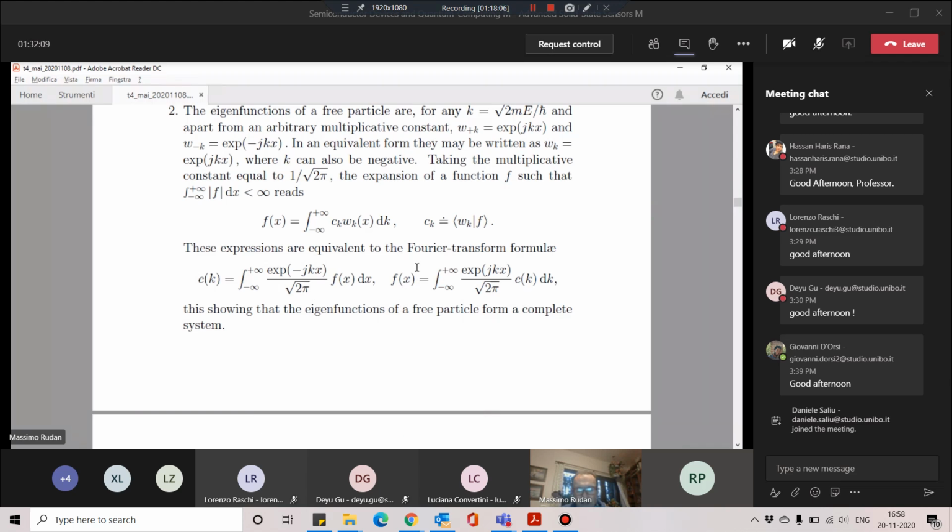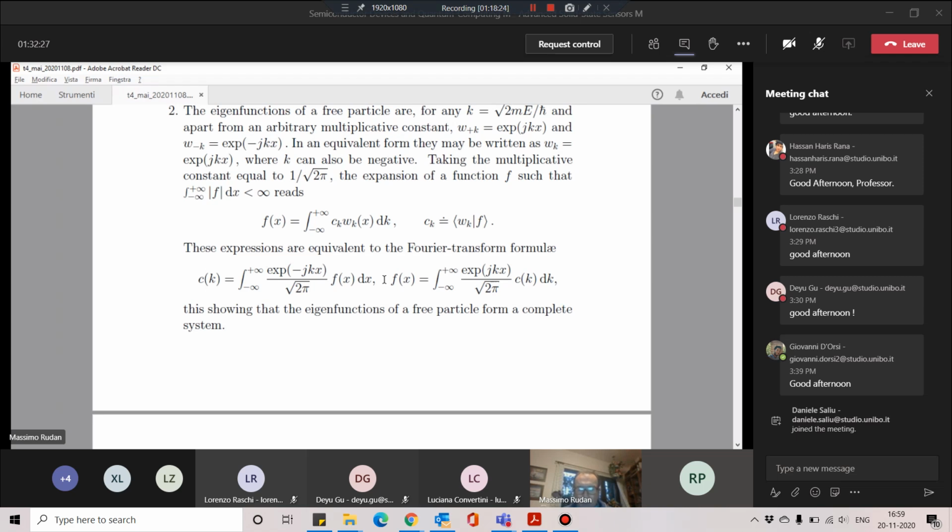The second equality on the last line expresses f of x as the exponential of j kx over the square root of 2 pi times the function c of k.